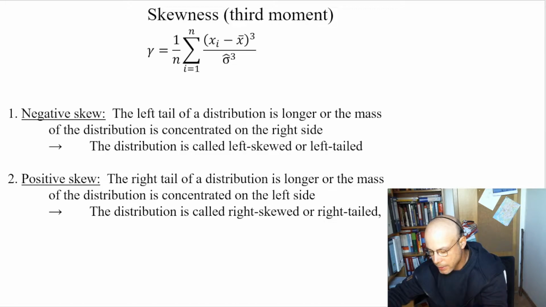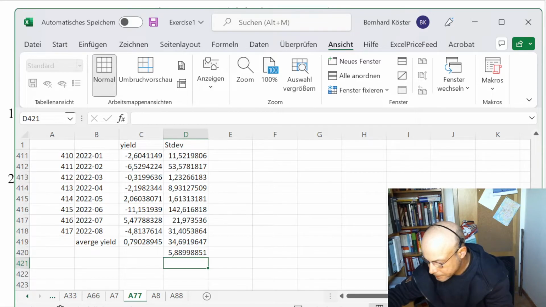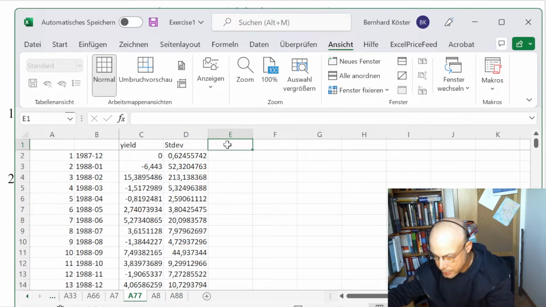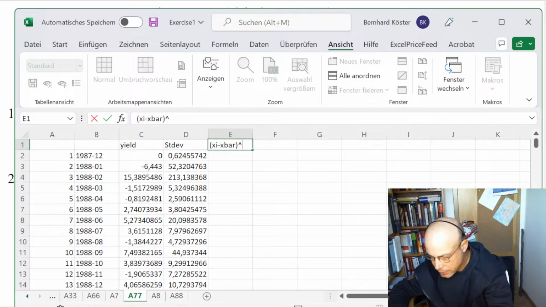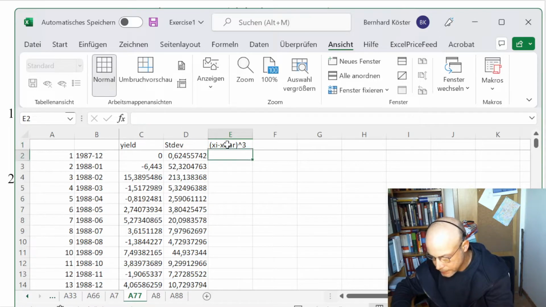We need the third moment, so the difference up to the exponent of 3. So in this case, we then need xi minus x bar to the power of 3.